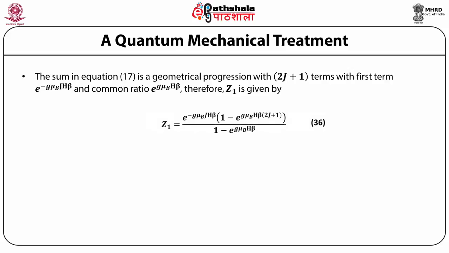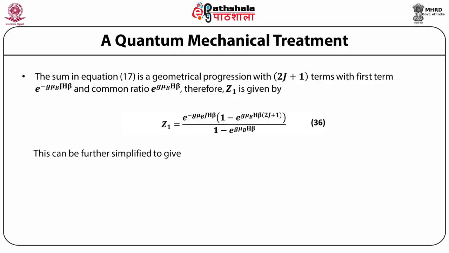Therefore, Z1 is given by e^(−g μ_B J H β) multiplied by [1 − e^(g μ_B H β (2J+1))] divided by [1 − e^(g μ_B H β)].